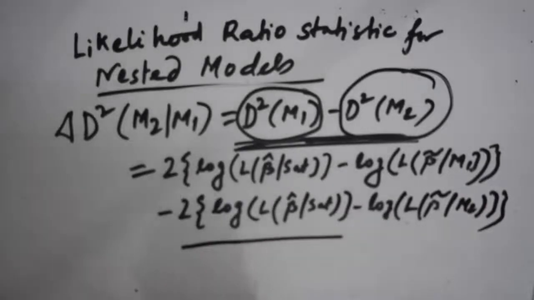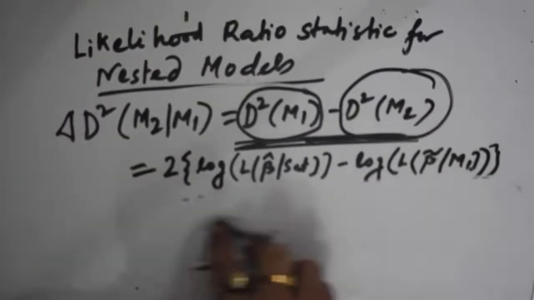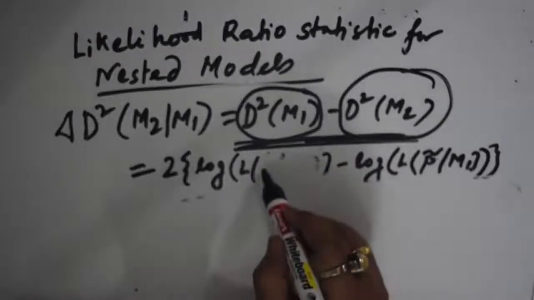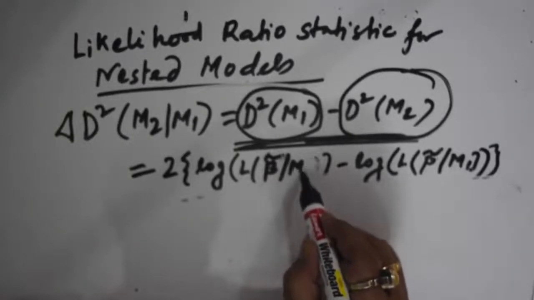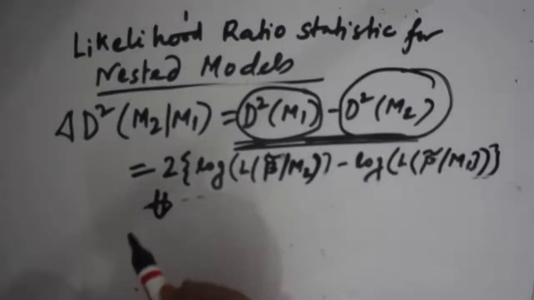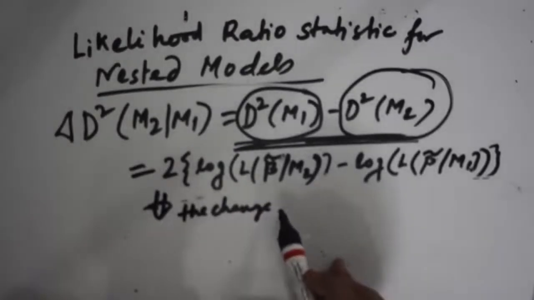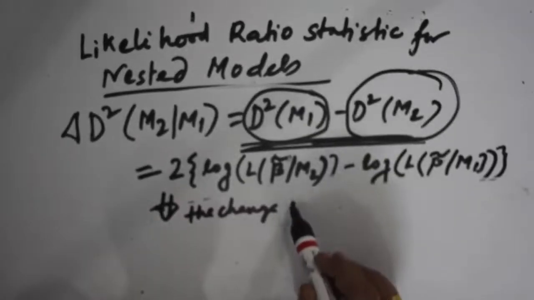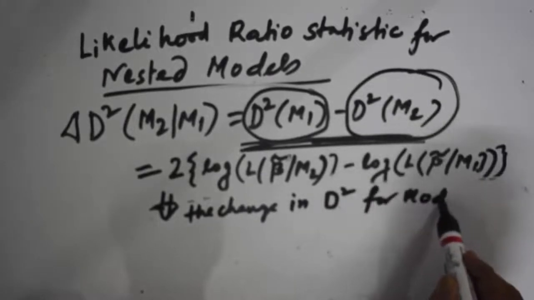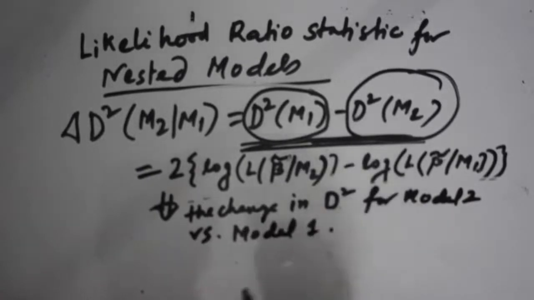So simply this is equal to this, and this is nothing but the change in D squared for model 2 versus model 1.